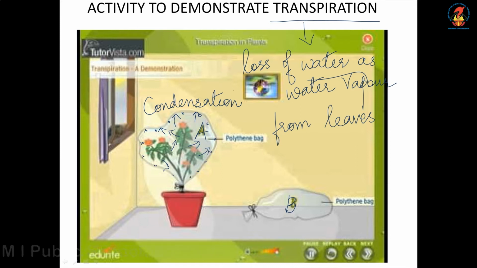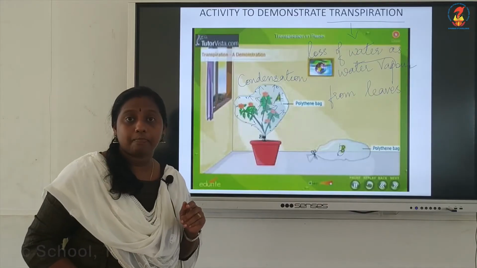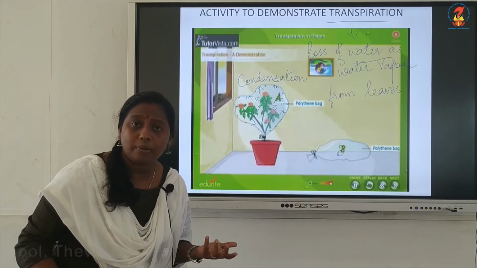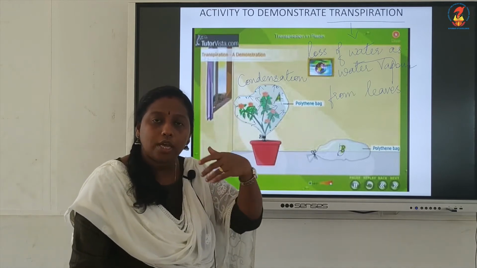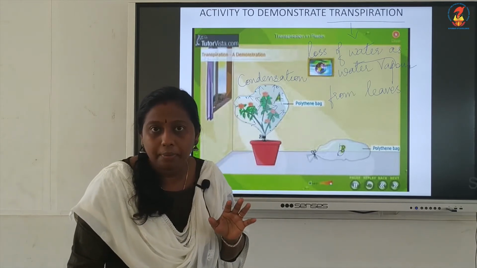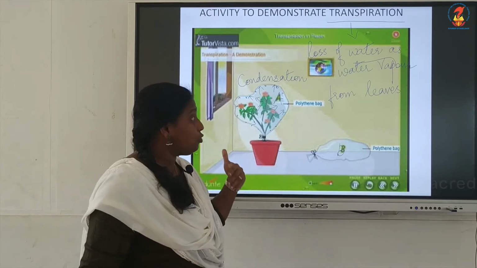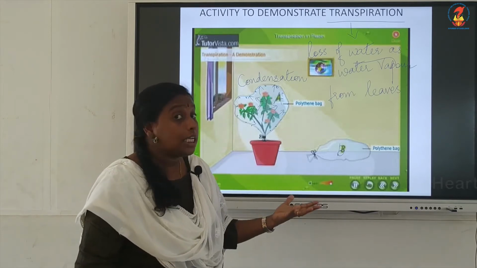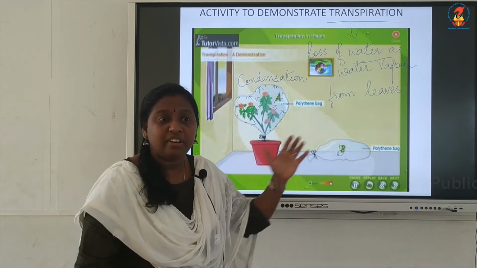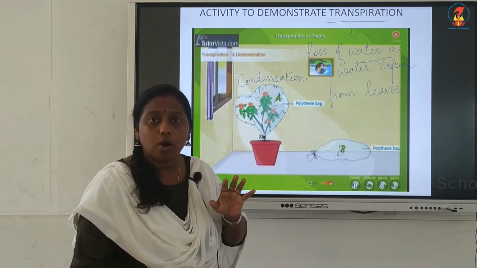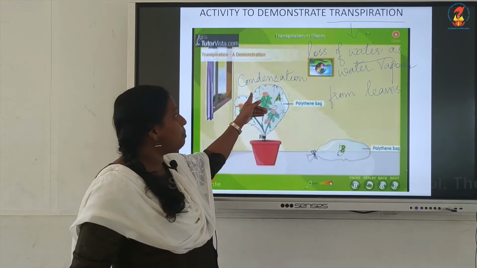And right now you know from where these water droplets came. Isn't it? See, the leaf of this plant will be throwing out water in the form of water vapor. This water vapor will try to escape, but it cannot go out. Why? Because there is a polythene bag preventing the water vapor from going out. The water vapor will go and touch the polythene bag.